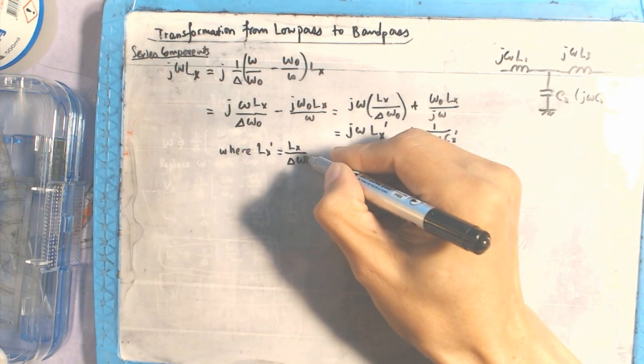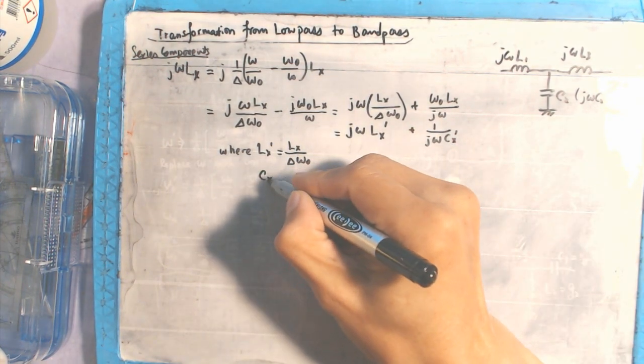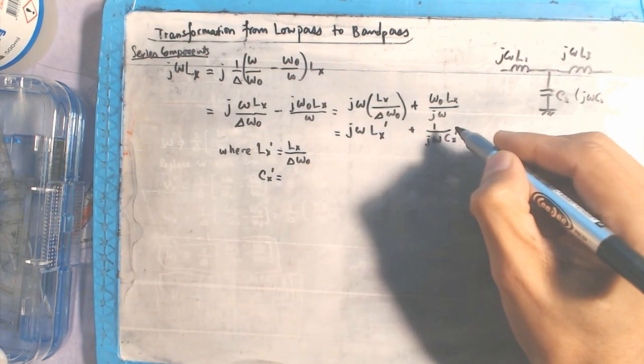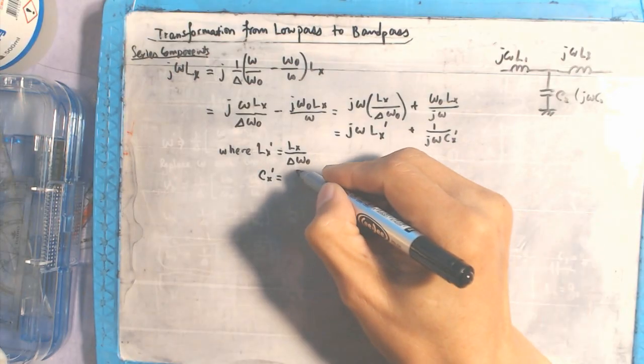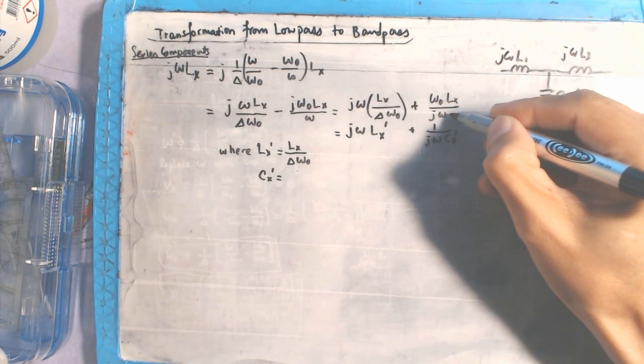And Cx prime is going to be omega 1, yeah, I forgot, I need to put a delta here.